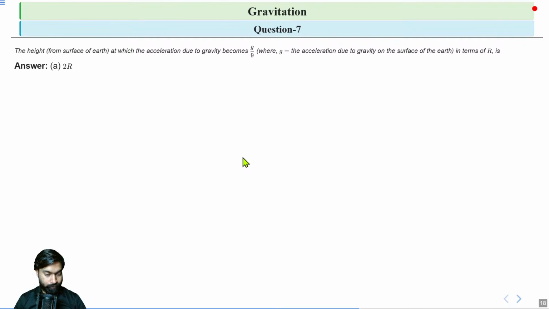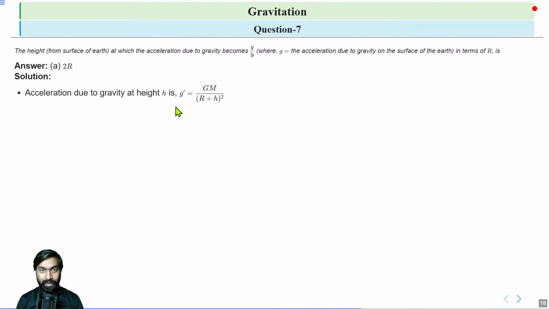Let's see the correct option. So we can say the correct option is 2R. We know the formula for calculating acceleration due to gravity at height h is g prime equal to GM divided by (R plus h) whole square. Given that acceleration due to gravity becomes g by 9, just replace g prime here: g upon 9 equal to GM divided by R square into R square divided by (R plus h) whole square.